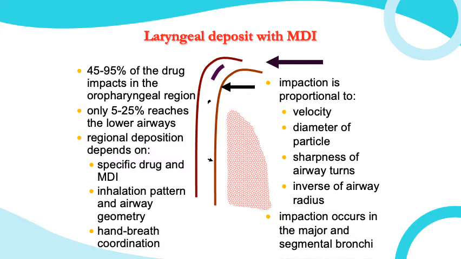So 45 to 95% of the dose may impact in the airways. It will be important to minimize this effect by coaching slow, deep breathing and hand-breath coordination to limit this type of impaction.